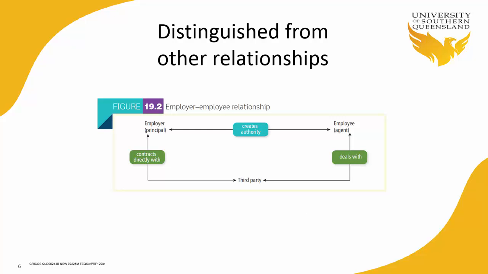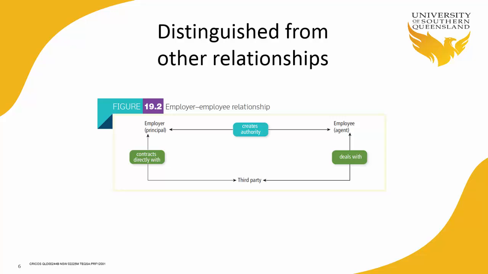Now, one example of this agency relationship is an employer-employee relationship. So here we're going to distinguish this agency relationship from other relationships, and you can see that discussed in brief on page 416. So it says employer-employee.